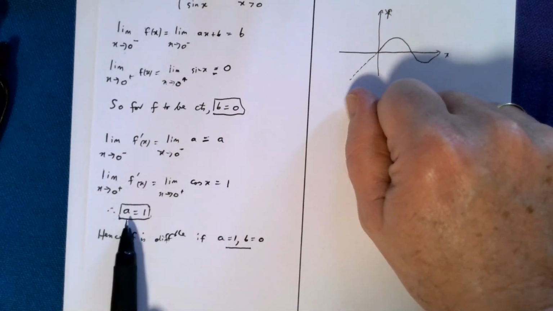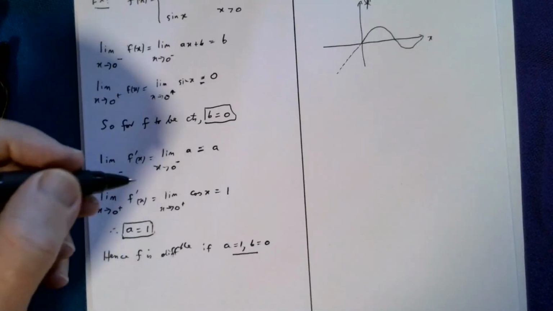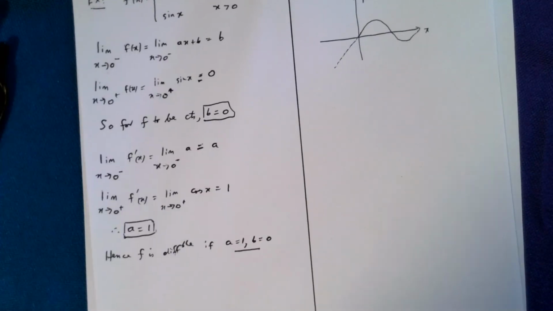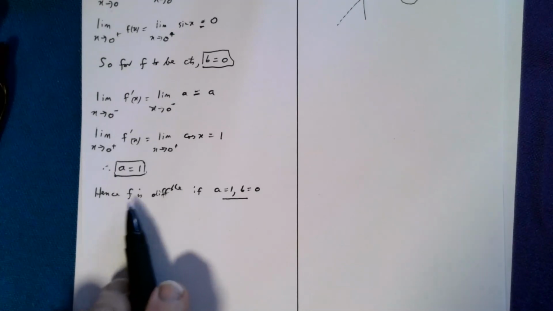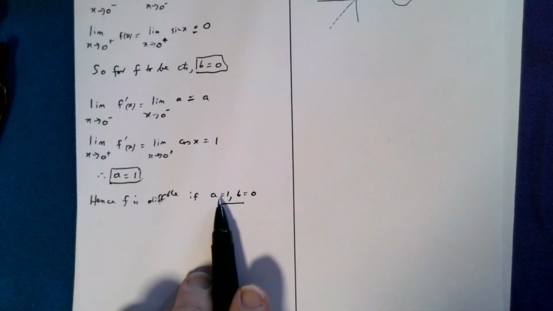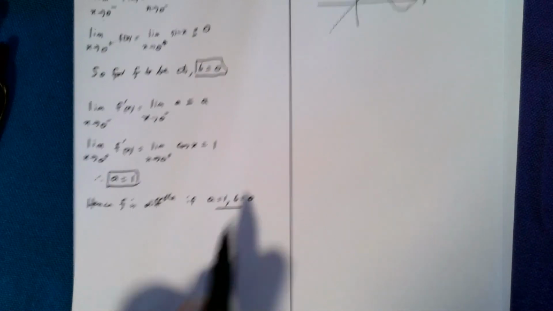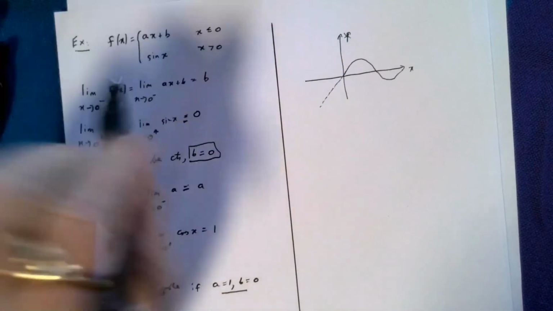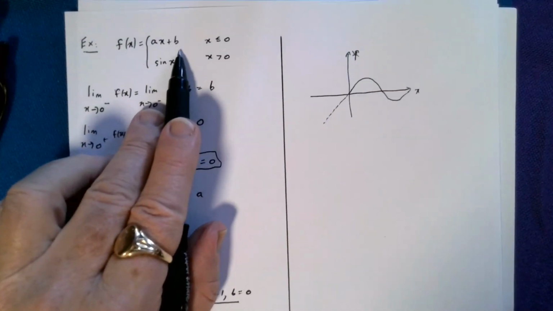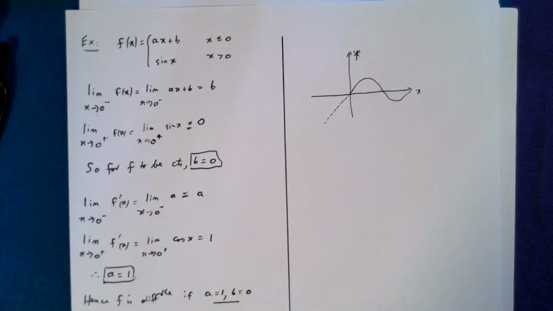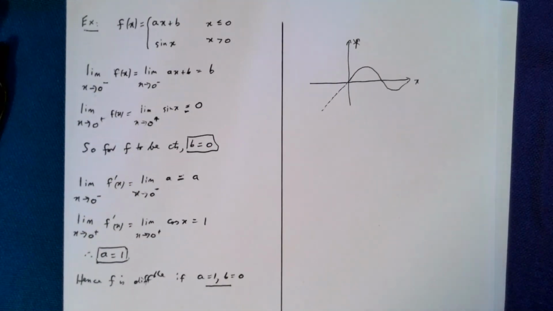So therefore, a equals 1 for f to be differentiable. So the conclusion is, hence, f is differentiable if we take a is 1 and b is 0. So in fact, we needed this to be the line y equals x, or f of x is x, in order for it to glue nicely together with the sine curve. And that was the last example for this chapter.